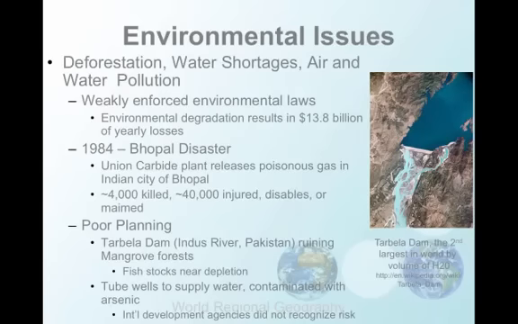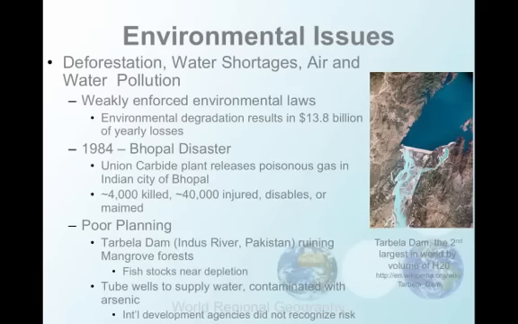You also have, due to poor planning on the part of governments in South Asia, and also on the part of development banks throughout the world, a number of environmental issues. So one issue would be the Tarbela Dam, which is located along the Indus River in Pakistan, ruining mangrove forest, and mangroves are very important to the local ecosystem.